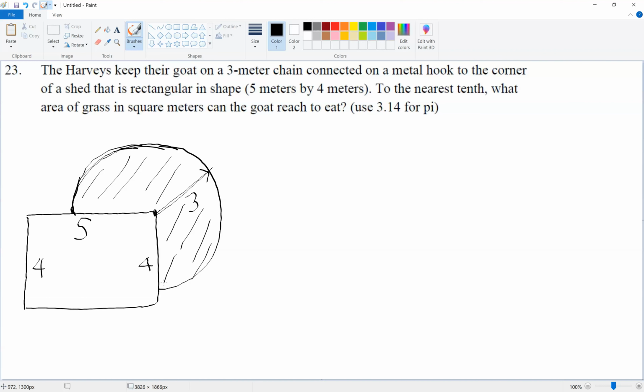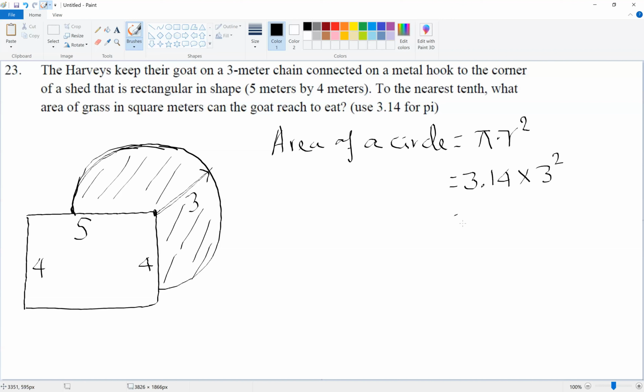And then the area would be 3.14 for pi times 3, because that's the radius, to the power of 2, which is 3.14 times 9. Which is around 28.26.